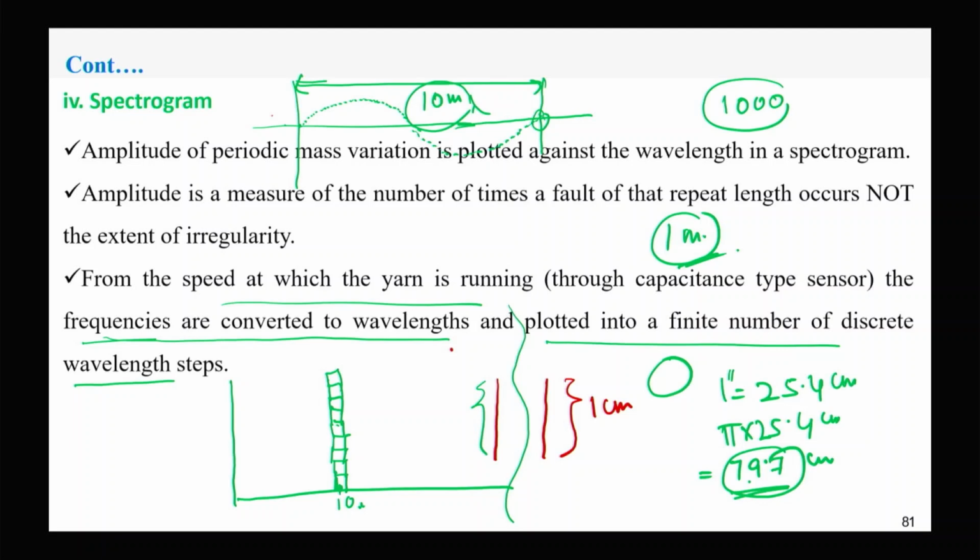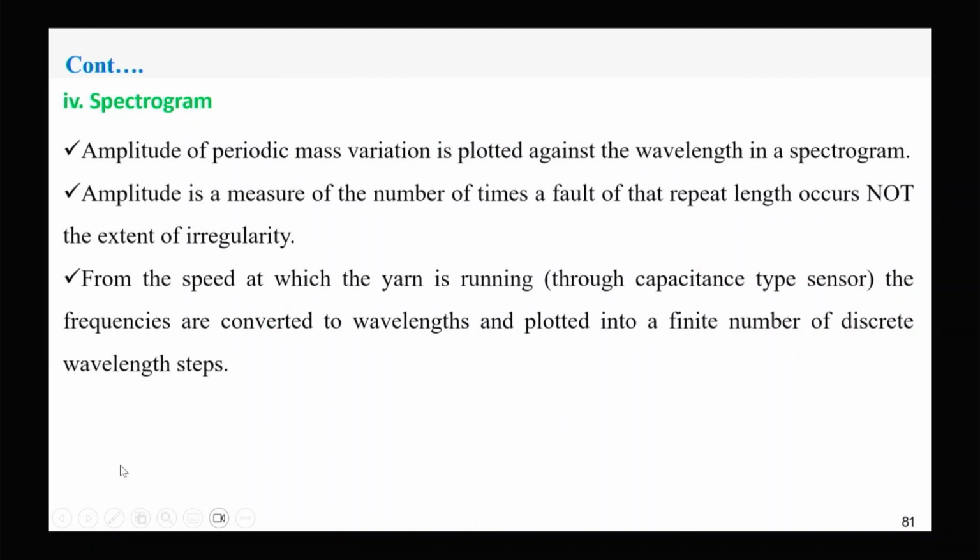If it is 1 meter, then again there will be repeats. For 1 meter there will be 1000 such blocks, and it will make one histogram. Okay, so this is the basic understanding of the spectrogram.